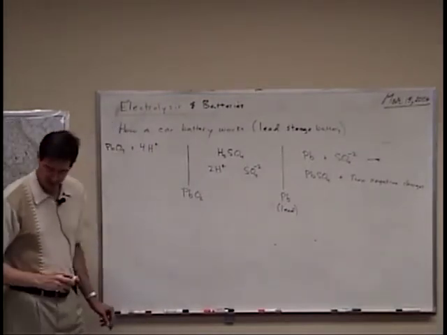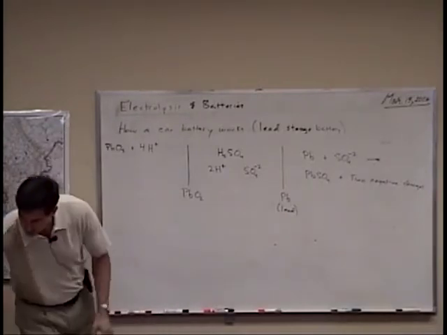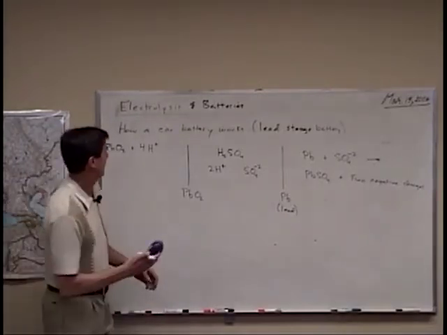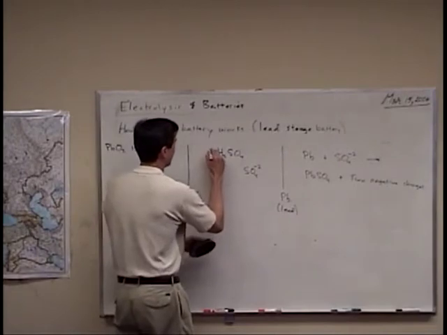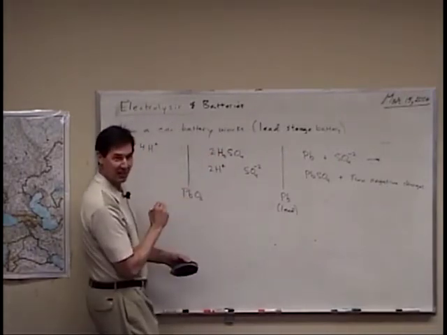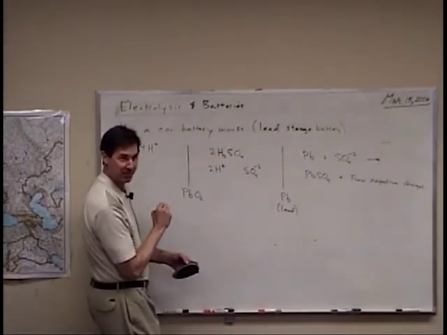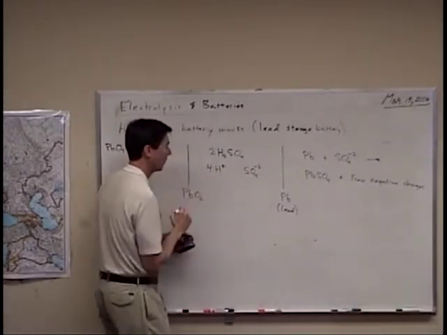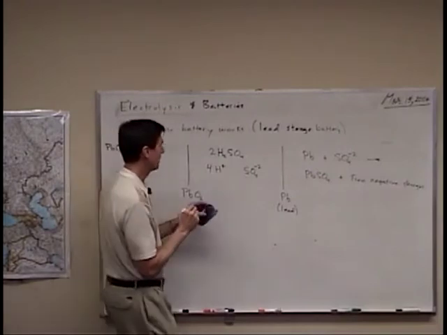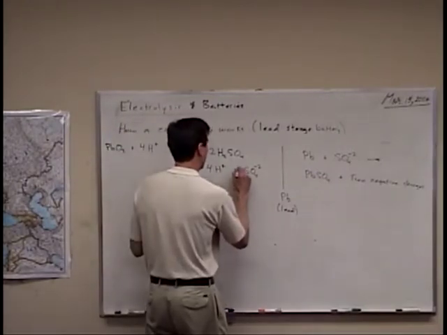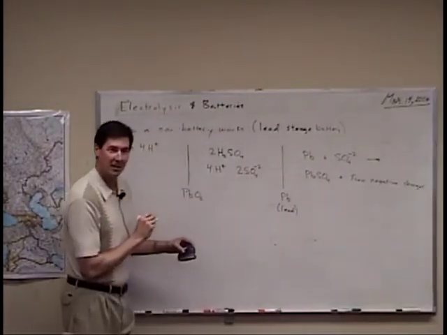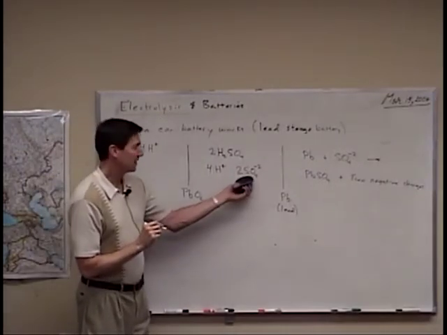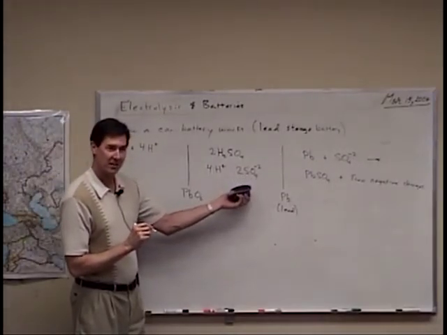Let's just start out with 2 of these. They'll go to 4 hydrogens and 2 of these sulfur oxide ions, right?